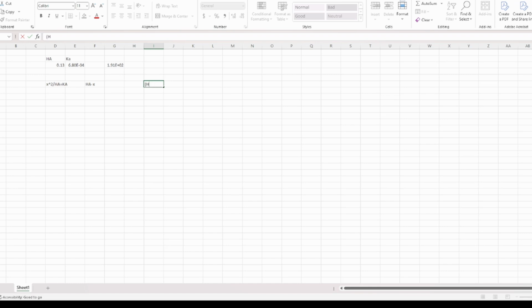Put that HA minus x times Ka. And then we're going to take that number. We're going to say the square root of HA minus x times Ka, and that's going to be equal to the x. So our first one, 0.13.